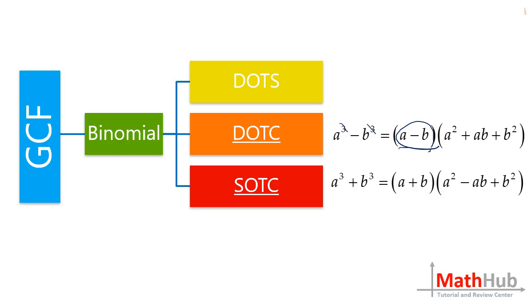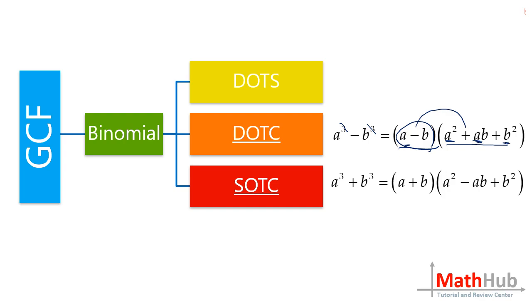And then for the next factor, what I do is I get the square of the first term. And then if this is minus, this one is plus. Okay? And then get the product of the two terms, so you have AB.